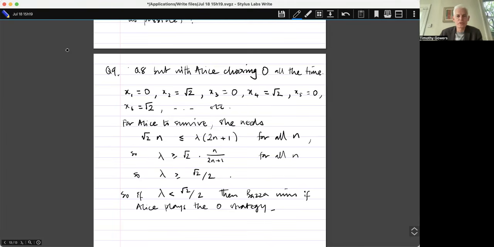Now, because of that symmetry thing that I observed earlier, I'm wondering whether that's actually going to prove that Bazza wins even if Alice plays some other strategy. Let's just quickly think about that.